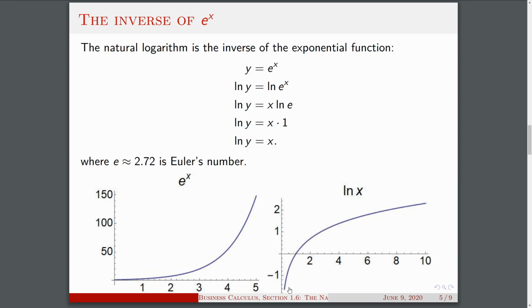It is increasing, just like e to the x. It's going up from left to right, even when it's negative. How about concave up or concave down? This is part of a frown shape, so this is concave down. All right? So that's that. Okay, good. Let's move on.